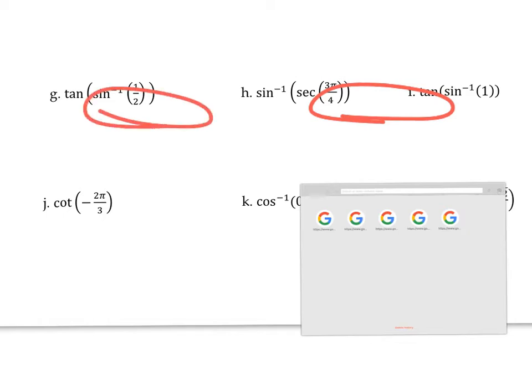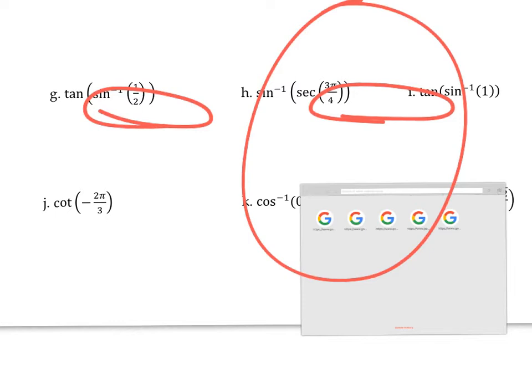But it has to be between the first and the fourth quadrant. So that's pi over 6. Now I want to know what tangent of pi over 6 is. Tangent of pi over 6 is y over x. So 1/2 times 2 over square root of 3, which is the same thing as 1 over square root of 3, which is just square root of 3 over 3.